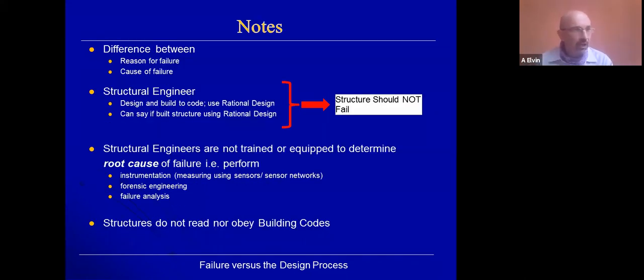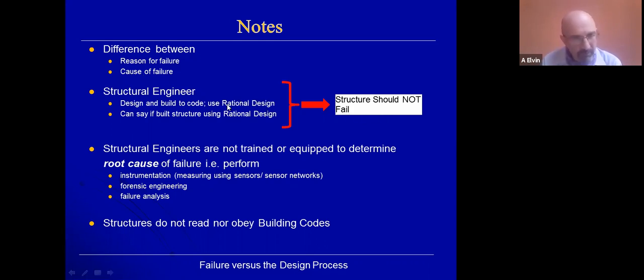Right, so let me just go through some notes and then we'll get on to a little bit more exciting stuff. There's a difference between the reason for failure and the cause of failure. Structural engineers design and build to code and use rational design. And if we do that, if we've built the structure using rational design, then the structure should not fail.